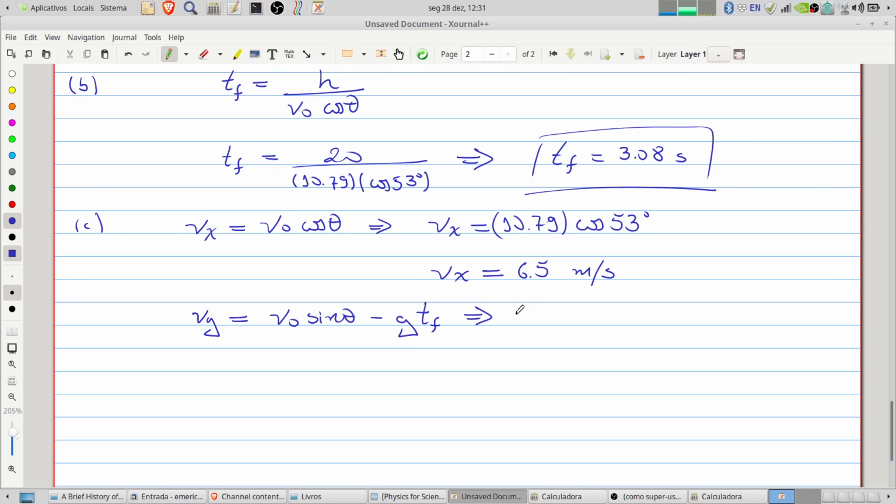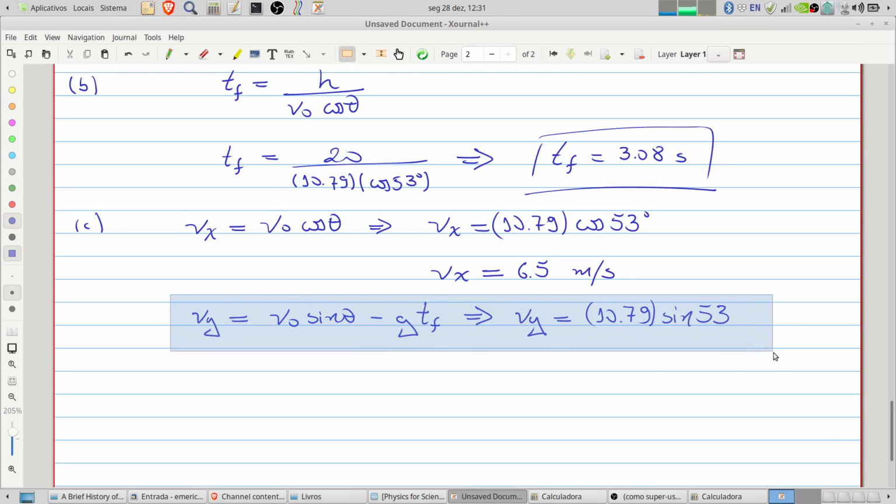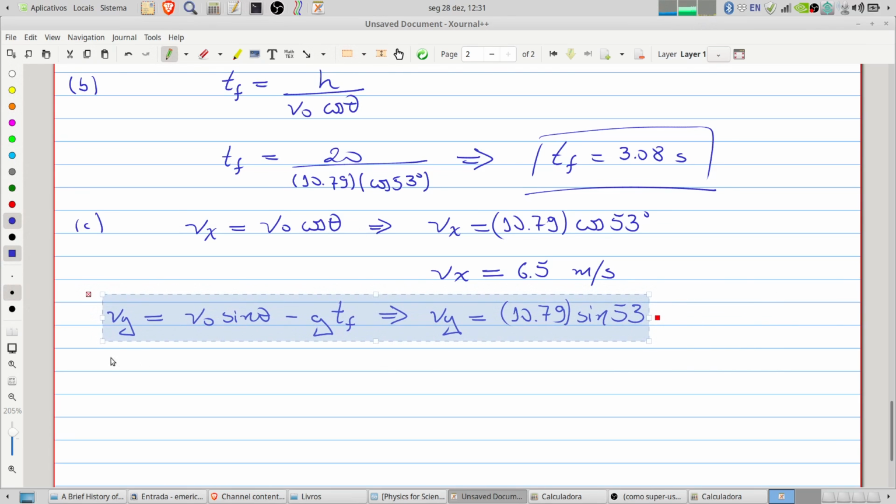Therefore, the vertical velocity will be 10.79 multiplied by sine of 53 minus 9.81 multiplied by the time 3.08.